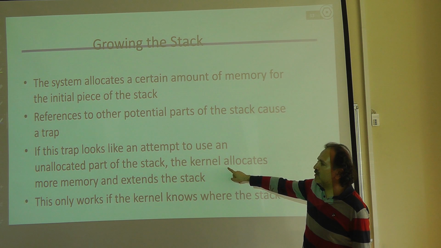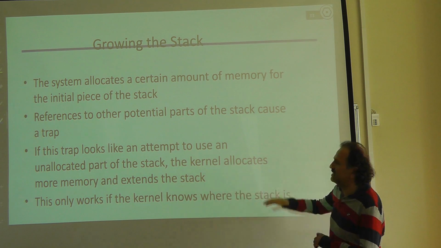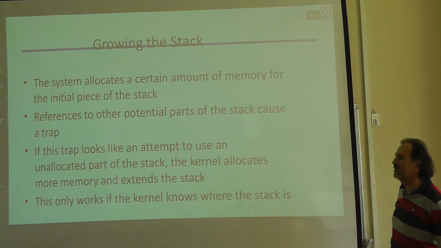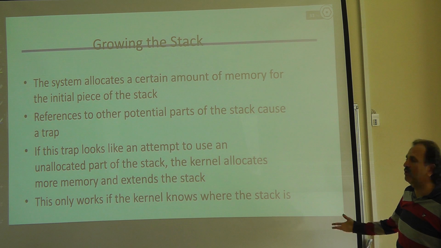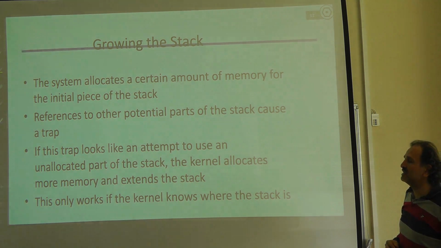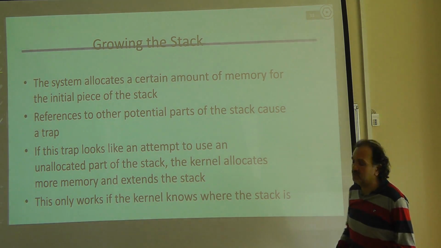So the kernel allocates more space for the stack and extends it. It does it automatically using sophisticated algorithms. But this only works if the kernel knows where the stack is, and it only works for a single stack for the whole process, because the kernel does not know we have more than one thread.